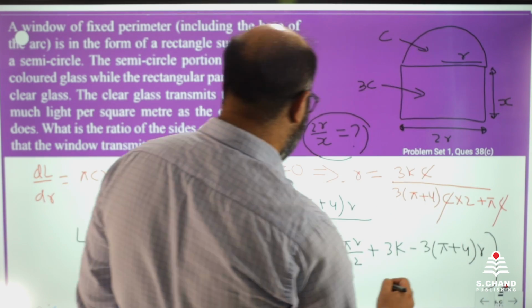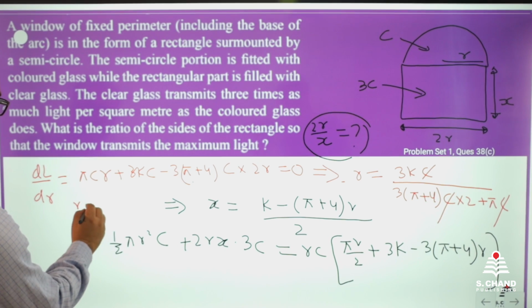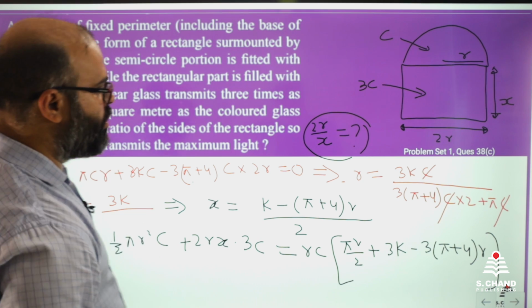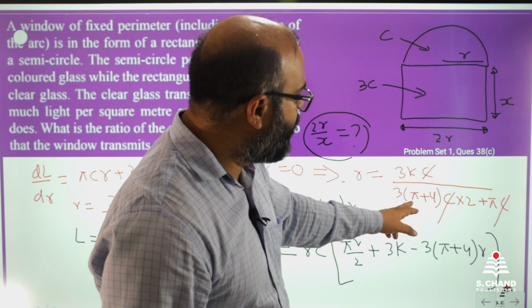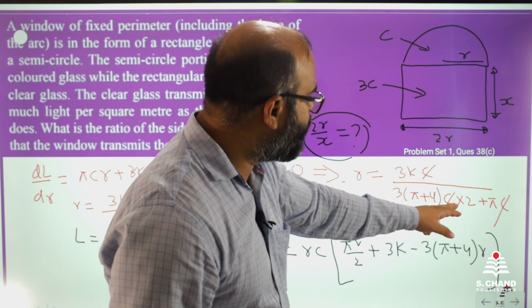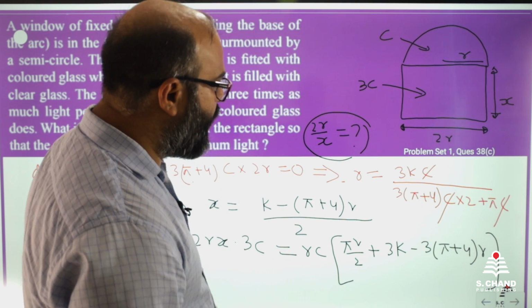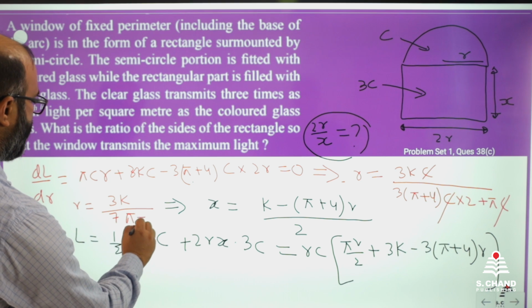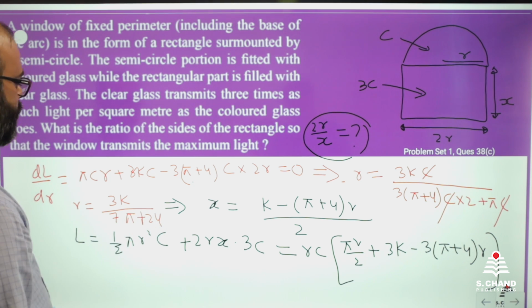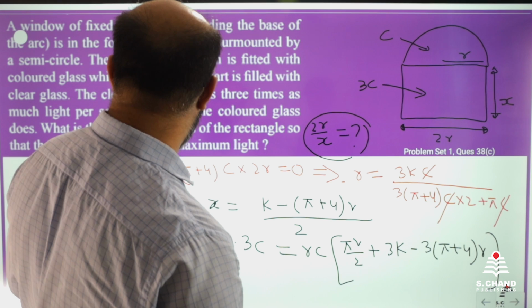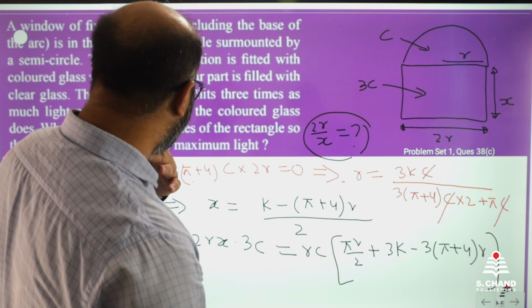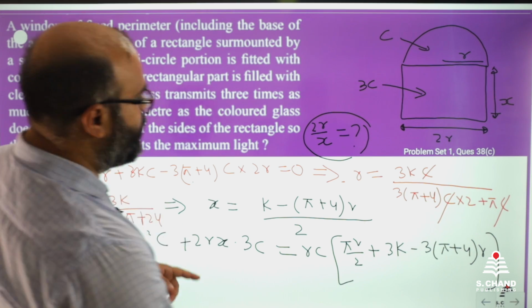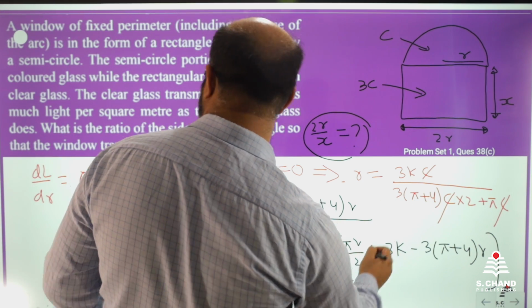So you can write r is equal to 3k upon 3 pi into 2 is 6 pi plus pi, that is 7 pi plus 24. Okay, there is a small mistake here, it is in minus.